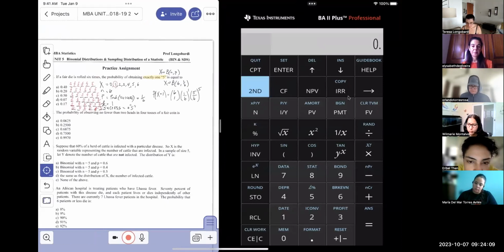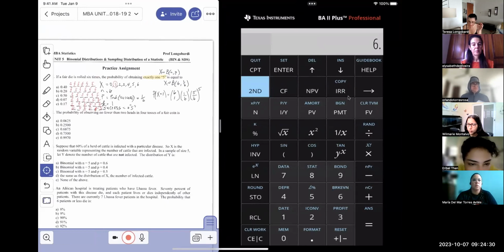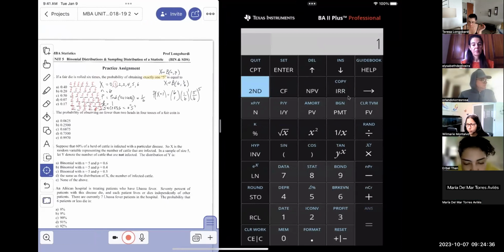So I'm going to enter it just as it is. Remember, we have our calculators. I instructed you to put it in honoring order of operations, so I can just multiply straight through. I can say 6, second function NCR, so that's 6 choose 1, just to be sure. That will be equal to 6, as I said.